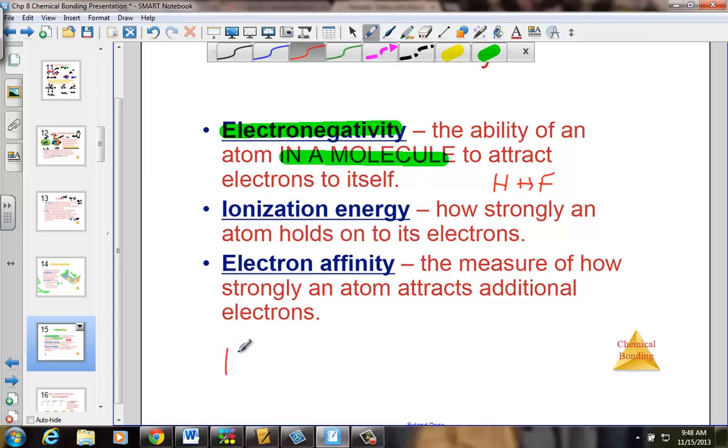Ionization energy, let's say a potassium in its gaseous form loses an electron, becoming a positive ion in its gaseous form. This we've practiced as ionization energy, the energy associated with a gaseous atom losing an electron.